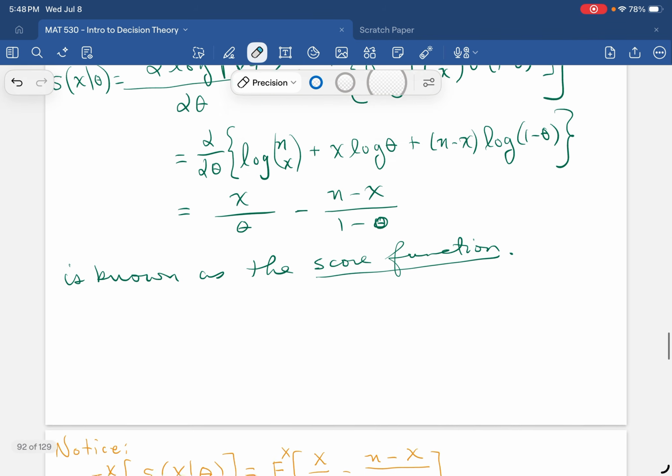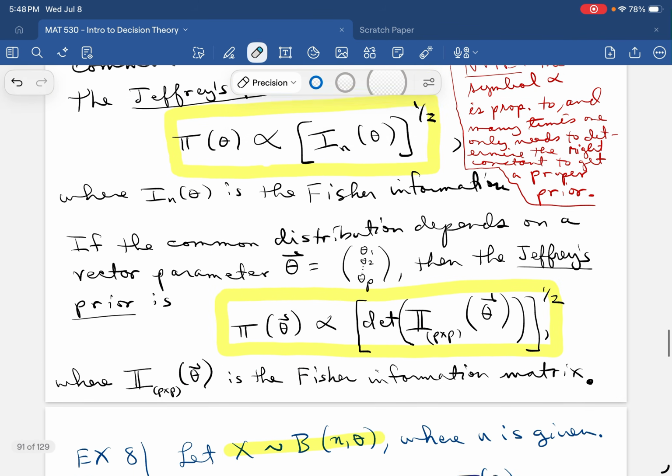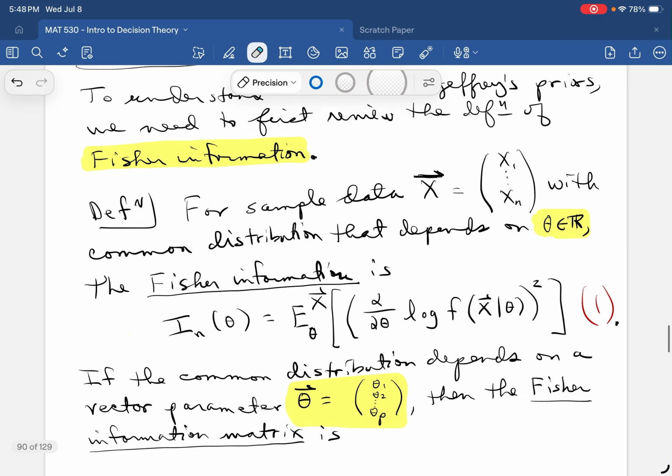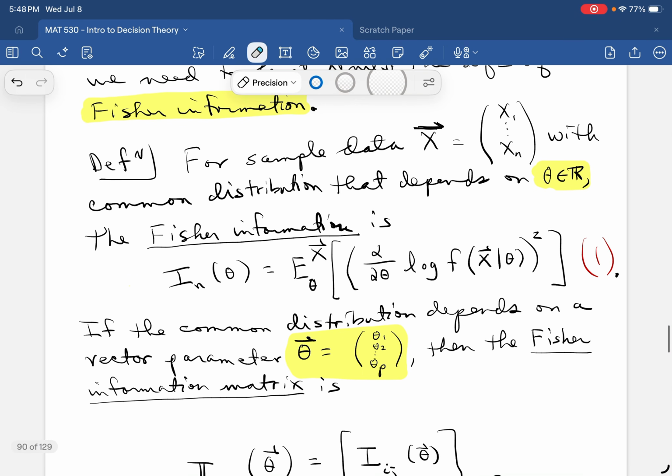So what that tells us about the definition of Fisher information is, well, let's see. Here is the definition, and of course this inside part is the score function. Notice we've got the big X there, and we're squaring it and taking the expected value. And also, in our situation, the mean of the score function is 0.